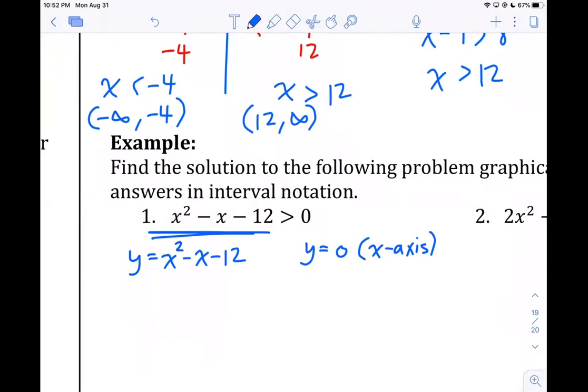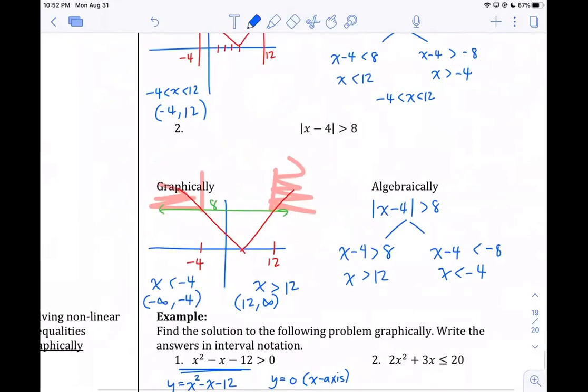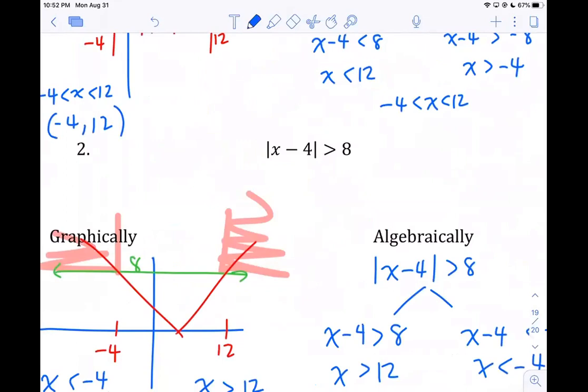So what I'm trying to say is that it's much better if you change every problem so that one side is an equation and the other side is always 0. So it was much easier for us to solve graphically if we subtract 8 on both sides so we can compare to 0.